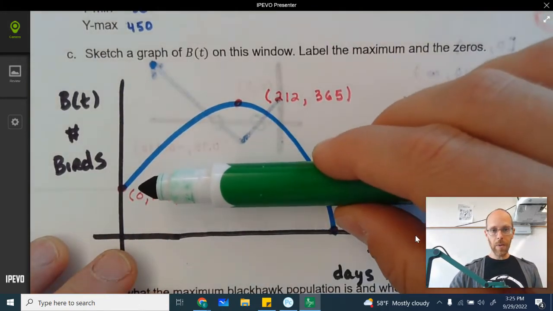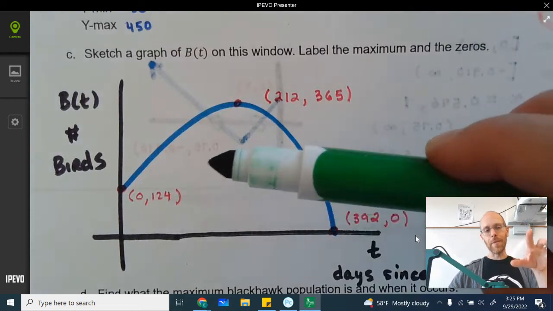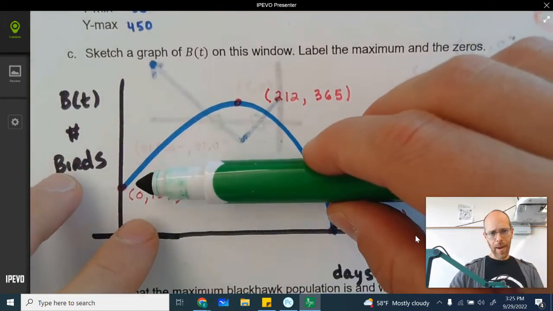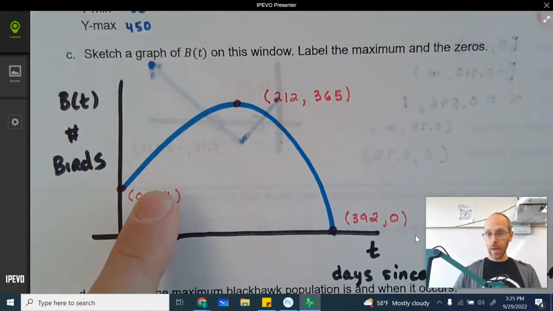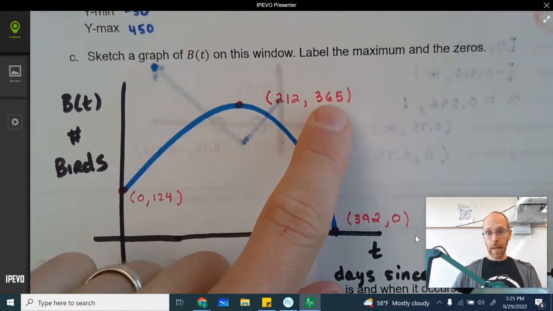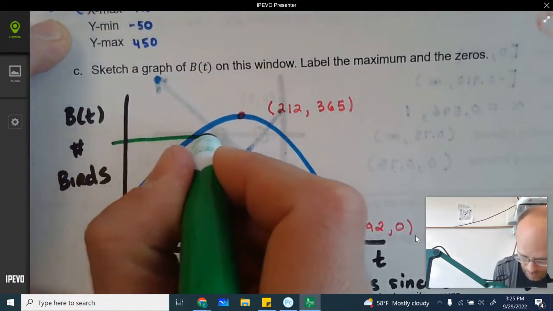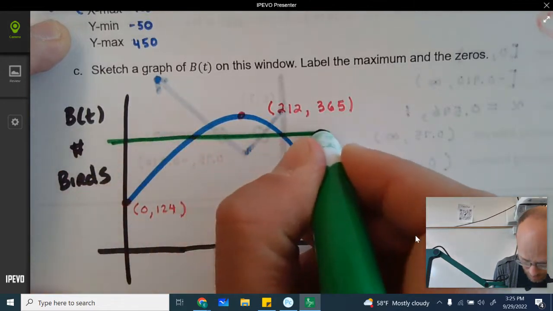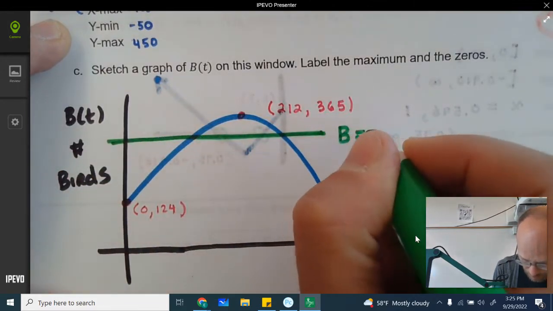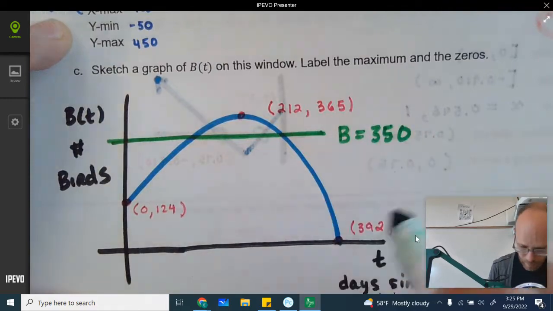Now, right here it was bigger than 350. Now, right here, smaller than 350, right? Right here, bigger than 350. So 350 is going to be somewhere up here. This is where birds equals 350.